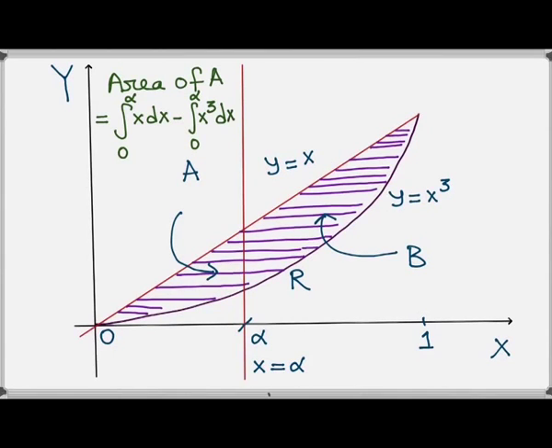After integrating we obtain x square divided by 2 minus x to the power 4 divided by 4 and we have to evaluate this from 0 to alpha and finally we get alpha square divided by 2 minus alpha to the power 4 divided by 4. Next we will compute the area of the region B and there the limiting value will be from alpha to 1. So we do that now.